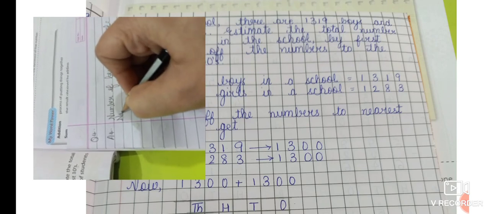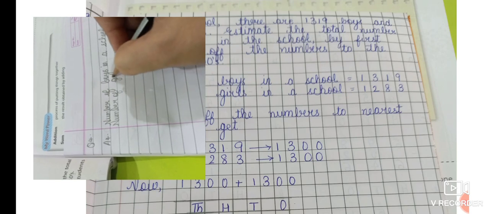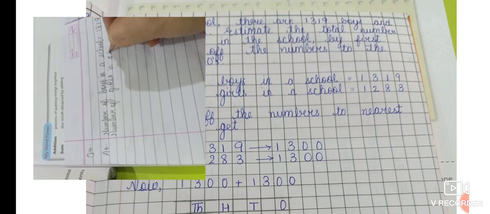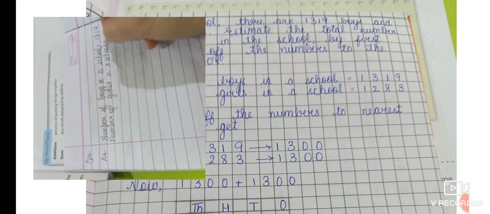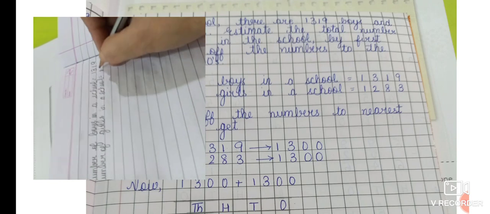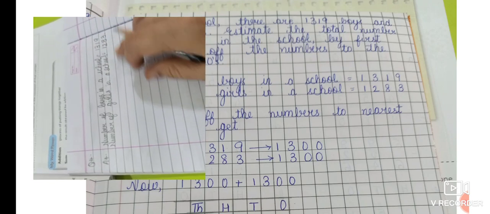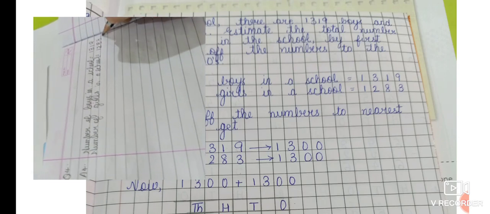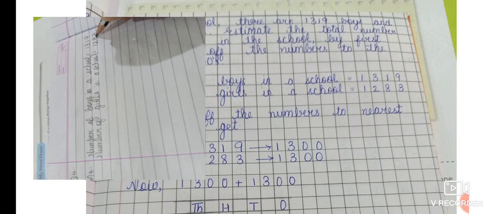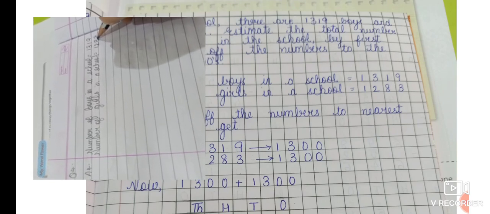You will write number of girls in a school. How many girls? 1283 girls. Now we got the two numbers for rounding off. We have to find the total number, but first we have to round off to the nearest hundreds.